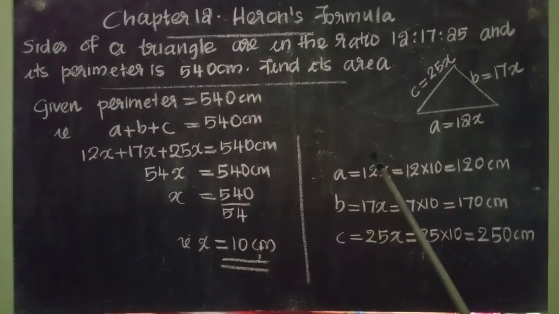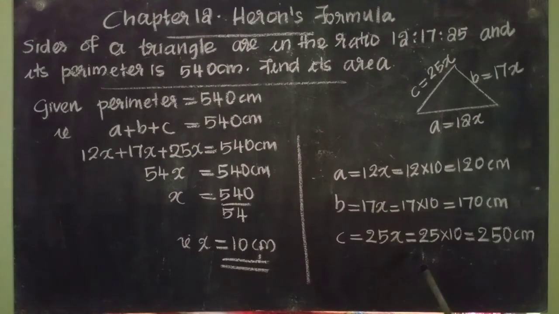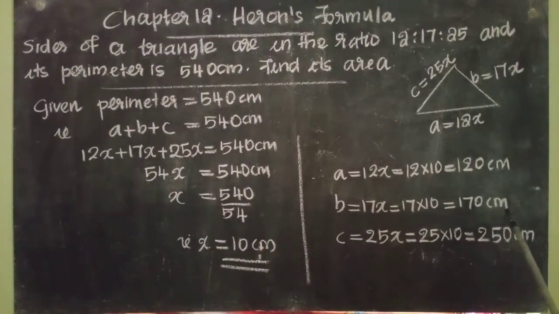a equal to 12x, that is equal to 12 into 10, that is equal to 120 centimeter. b equal to 17x, that is equal to 17 into 10, equal to 170 centimeter. c equal to 25x, that is equal to 25 into 10, that is equal to 250 centimeter.